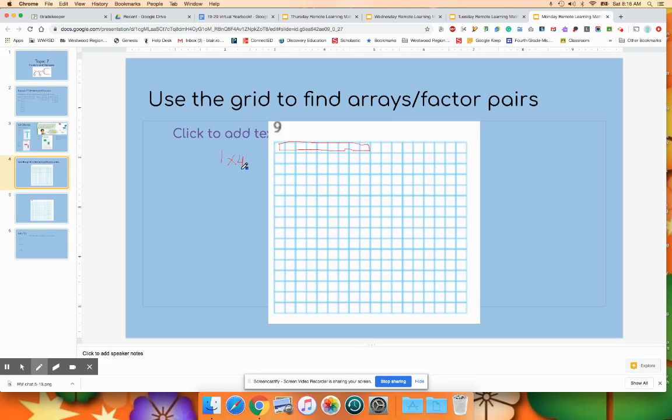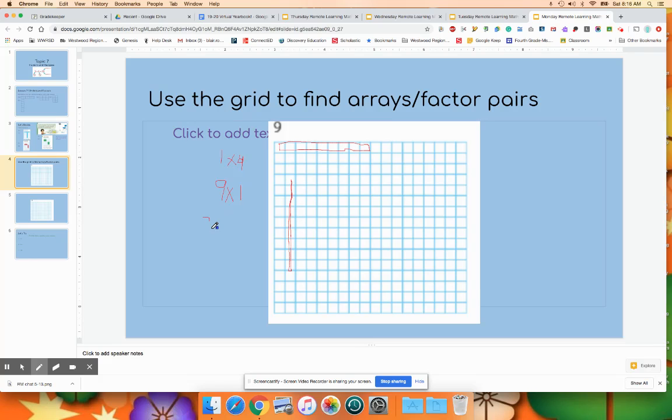Then we can flip that around, right? We could do 9 rows, 1 column. Sorry, my 9 up here looks like a 4. Okay. So let's do 9. 1, 2, 3, 4, 5, 6, 7, 8, 9. So that's 9 rows, 1 column.